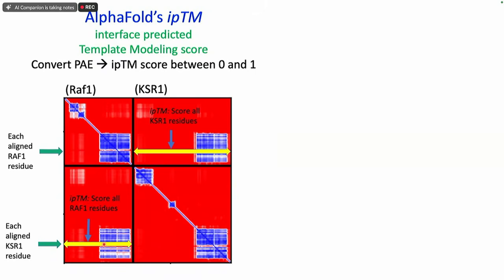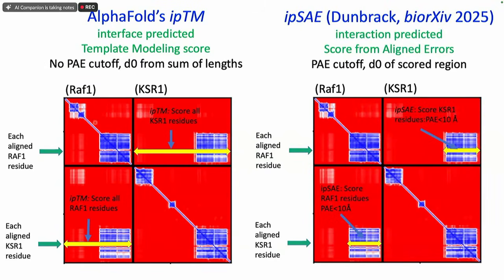The way we fix that is instead of calculating this over the entirety of the other chain, I'm only going to evaluate it over the part of the other chain that AlphaFold is certain about. So if I start with RAF1 somewhere in the kinase domain, and I look along the x-axis, all the residues in KSR1, but I only evaluate this function over the part that it is certain about, the part that's in blue.